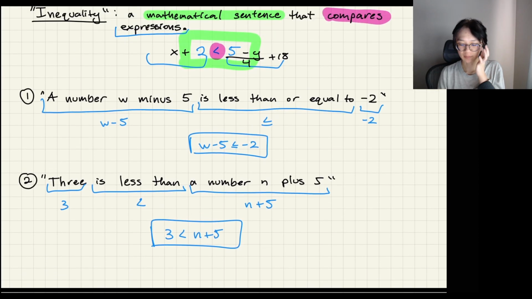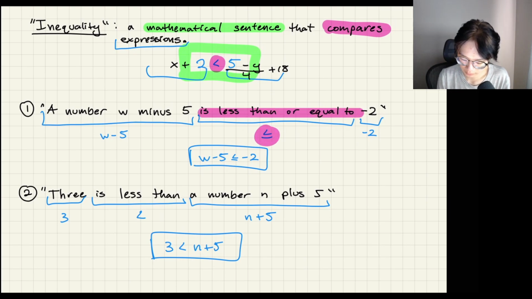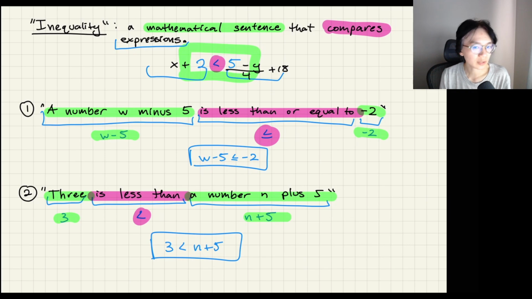So that's all it is, a mathematical sentence that compares expressions. Here we have the comparison less than or equal to, less than. Expressions: number W minus 5, -2. 3 is the expression. N plus 5 is the expression. That's all it is.